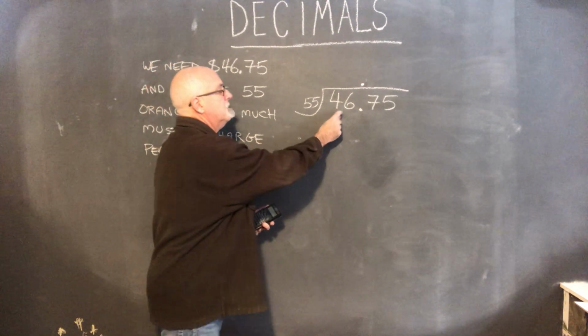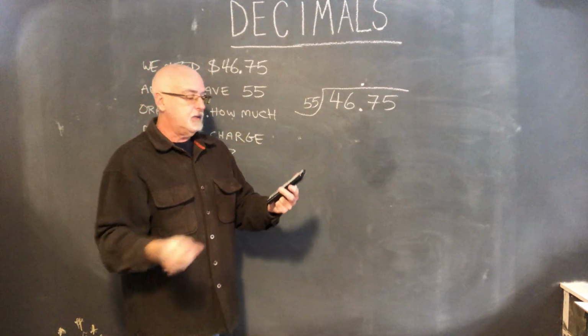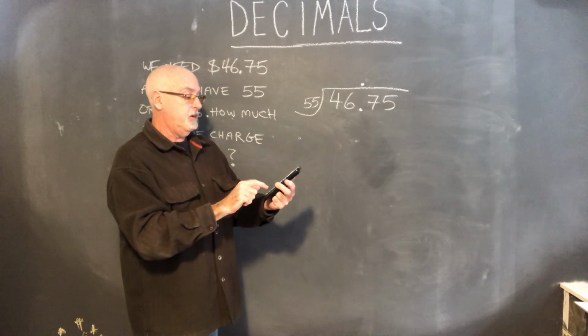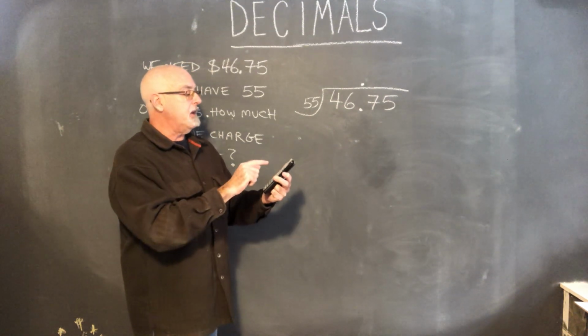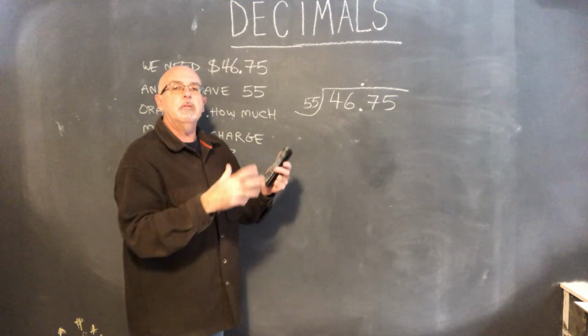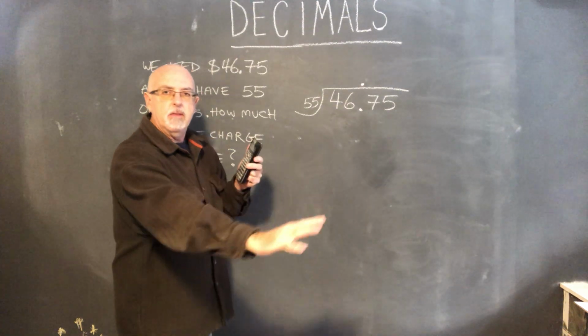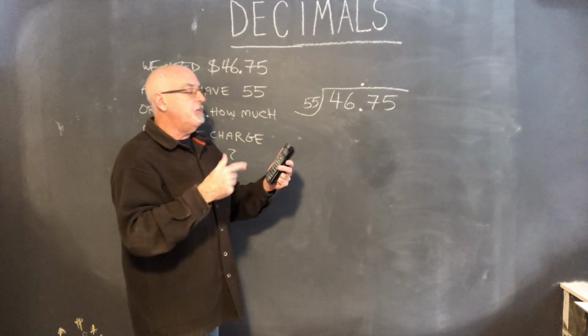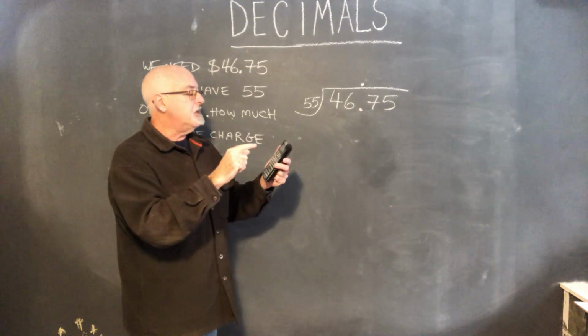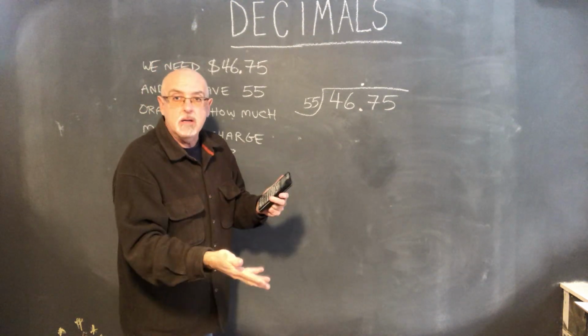Okay, so how many times does 55 fit into 467? I can just say 467 divided by 55, and I'm getting 8.49090909. I'm getting a long decimal, but I don't really care about all of the decimal digits. When I see 8.490, it's that 8 that matters to me. It means it fits more than 8 times.